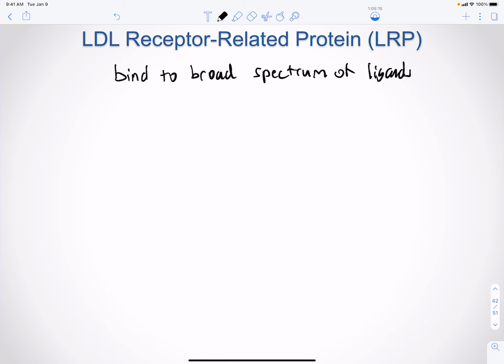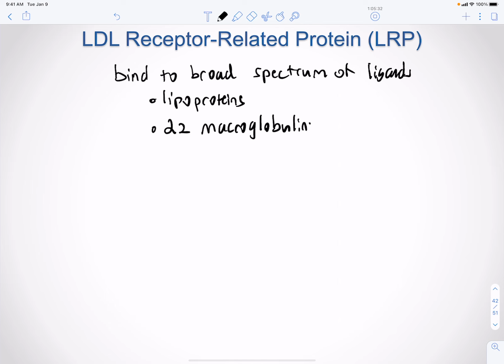So it's going to bind to lipoproteins. It's going to bind to alpha-2 macroglobulins. These inhibit blood proteases.